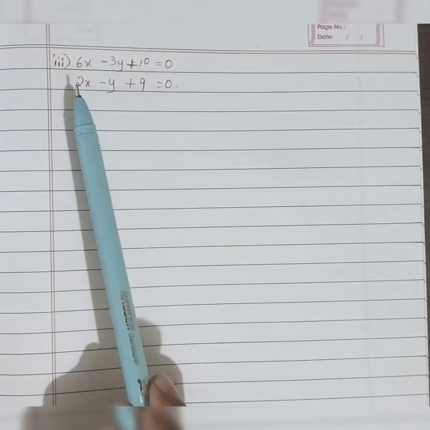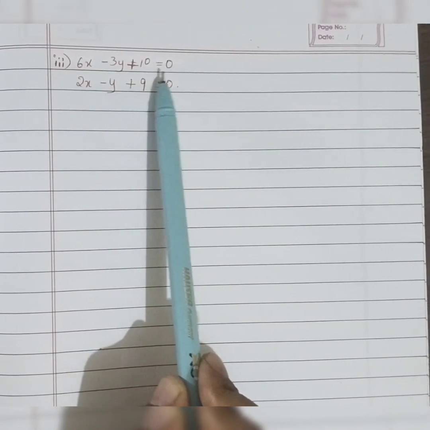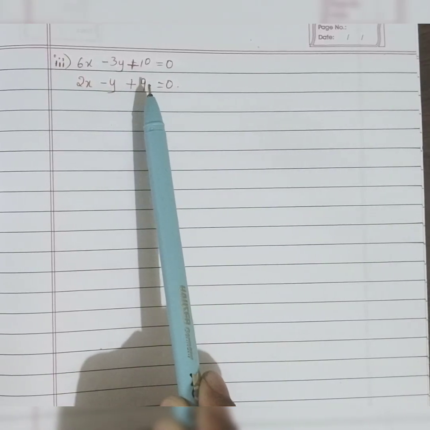Next, the third question, the equations are 6x minus 3y plus 10 is equal to 0, 2x minus y plus 9 is equal to 0.